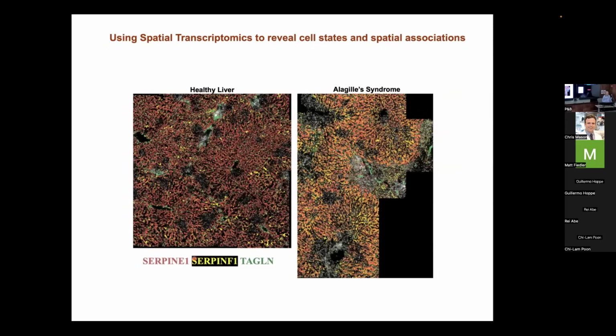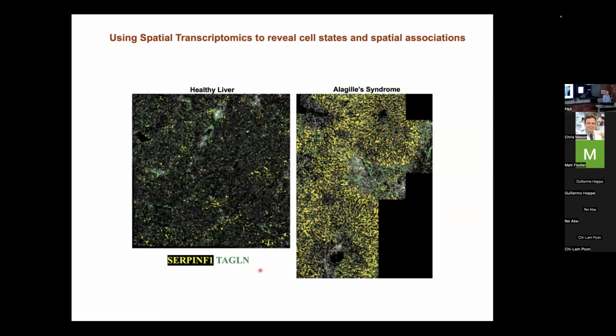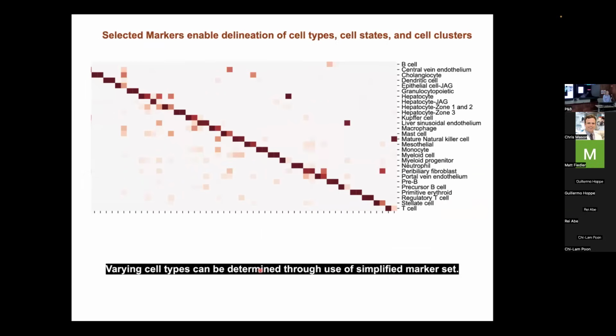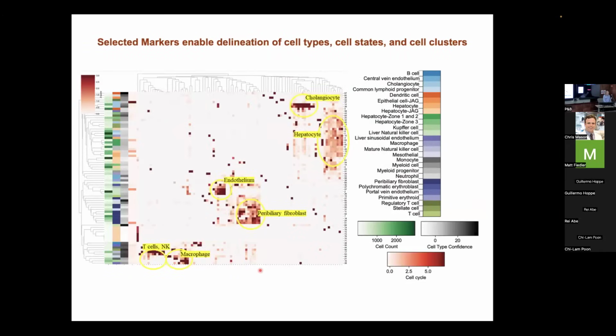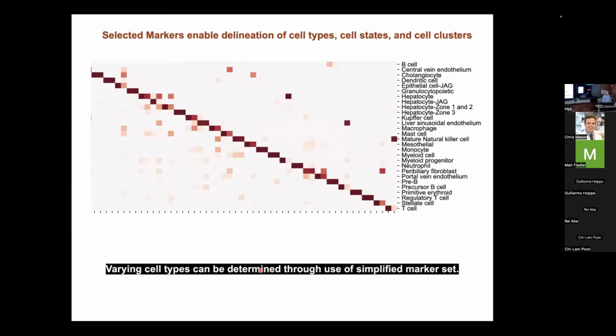The other thing is that we had shown there's some alteration in TGF-beta expression, and SERPINF1 and TAGLN are hallmarks of downstream signaling of TGF-beta. I know I told you I couldn't look conclusively, but we were able to look at a few. I'll skip over this piece, but even with just 2 RNAs, we were able to delineate each of the individual cell types in the liver, which I know sounds kind of crazy, but it was so clean and specific.